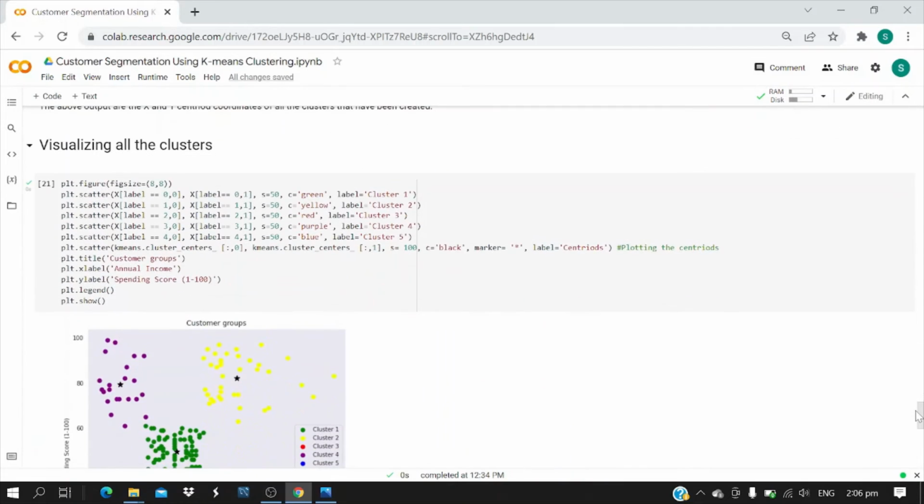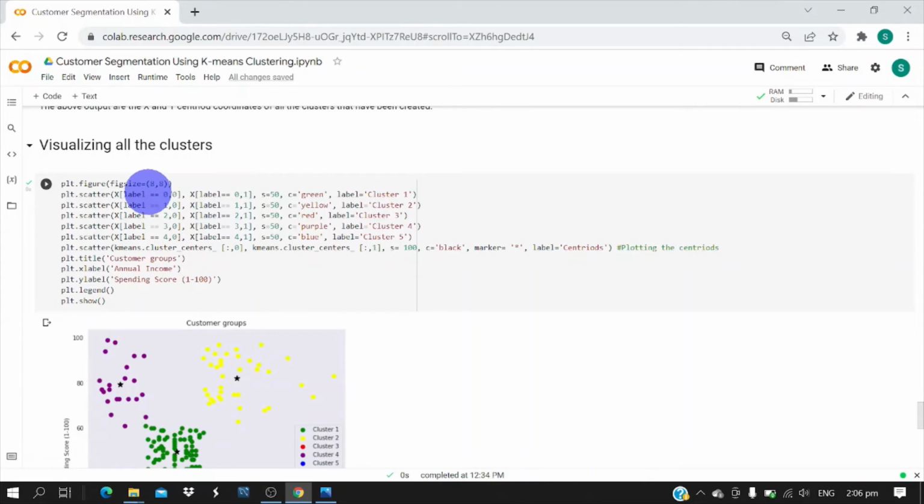So I will explain what this is. This is the scatter plot for the first cluster. X, remember, is the feature selection, which is the annual income and the spending score.